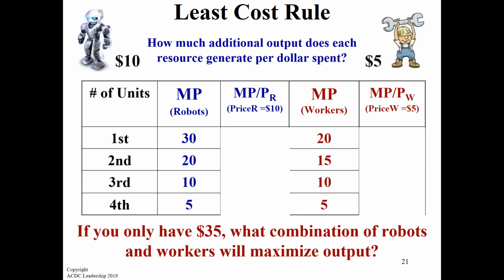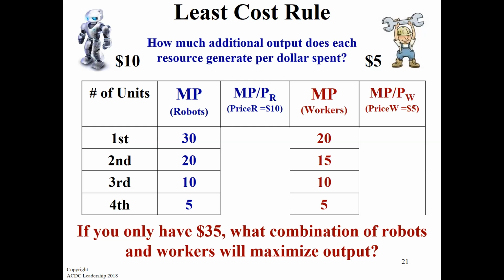I want to show you the formula. Anytime you see this least cost or capital and workers, it's the marginal utility of labor over the price of labor equals the marginal utility of capital over the price of capital. If you remember the maximizing utility formula, it was kind of similar.